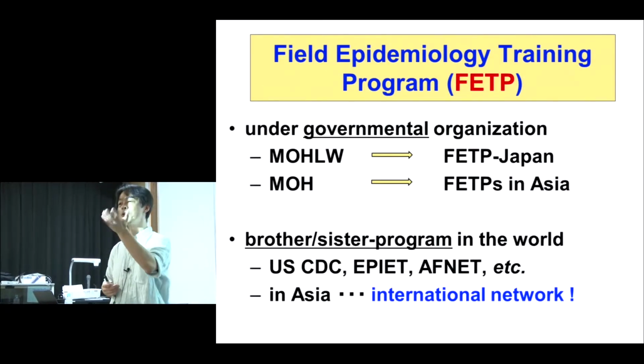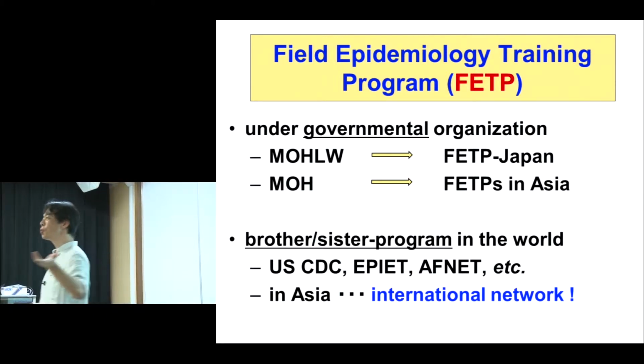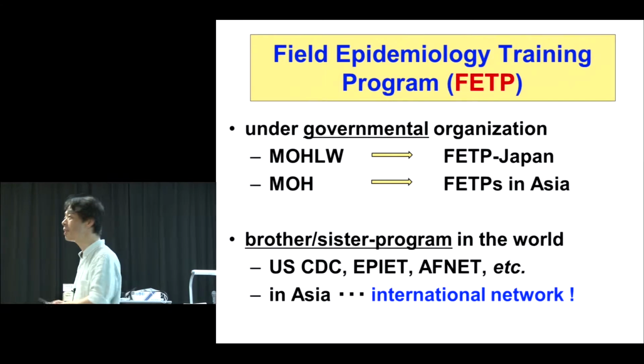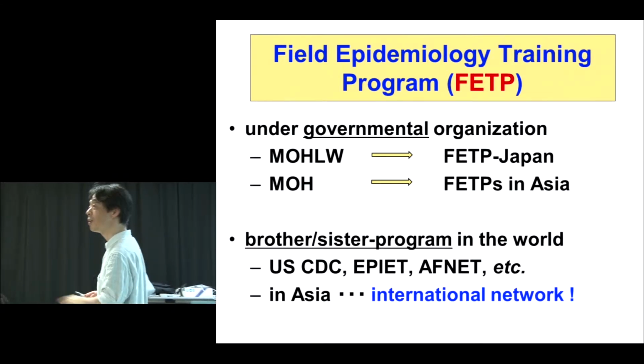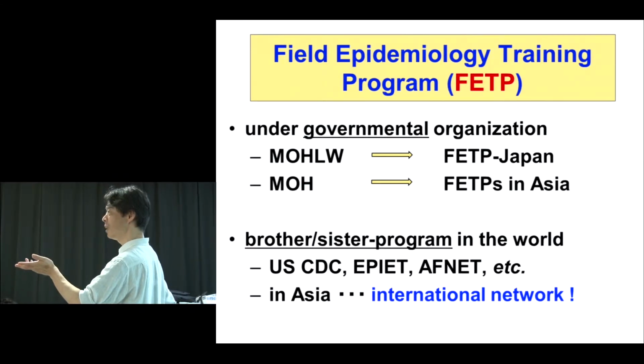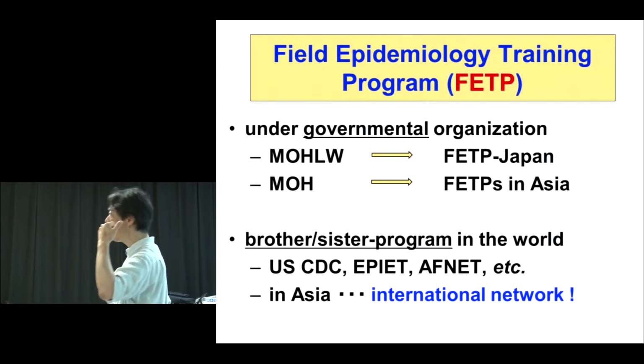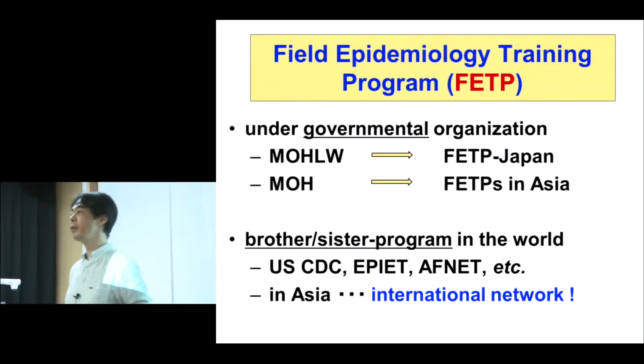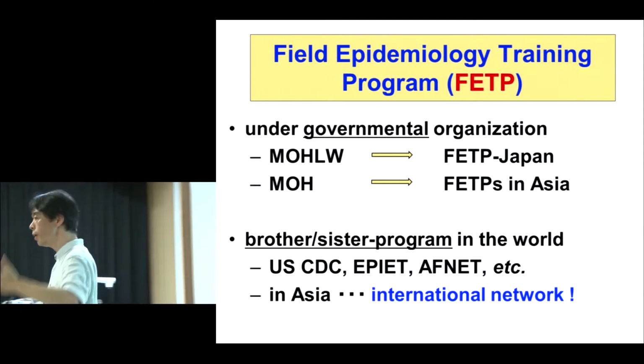In field epidemiology, there is the FETP, the Field Epidemiology Training Program. You said you hadn't heard of it, right? I've been working with this field epidemiology training program for more than 10 years, almost 20 years.